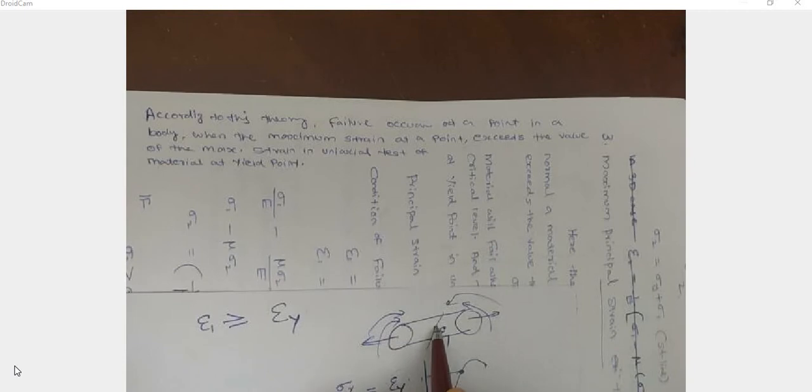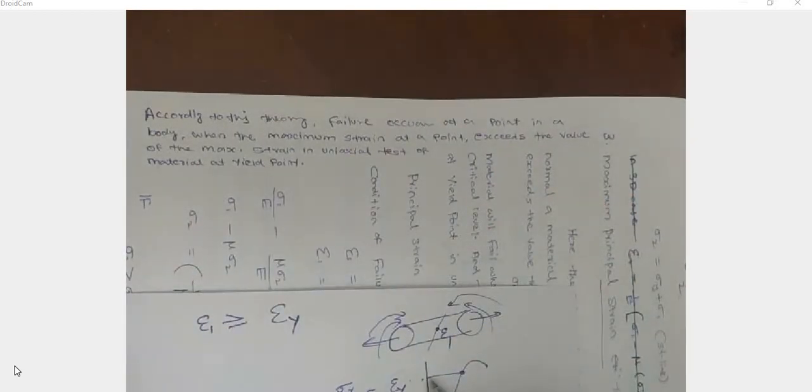Another definition: according to this theory, failure occurs at a point in a body when the maximum strain at the point exceeds the yield strain in the uniaxial tension test of the material at the yield point. Okay, the definition is clear.